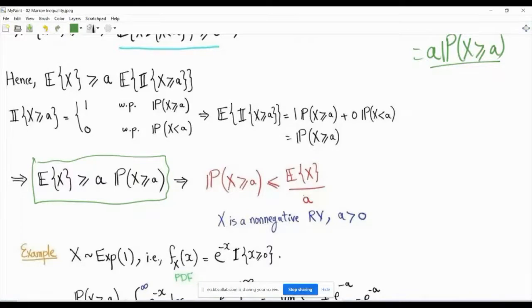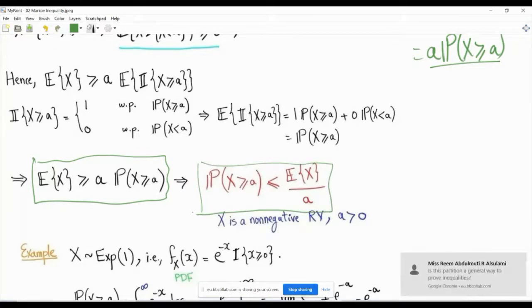And this is the Markov inequality. X is a non-negative random variable, and a is a strictly positive constant. This is what is called the Markov inequality.